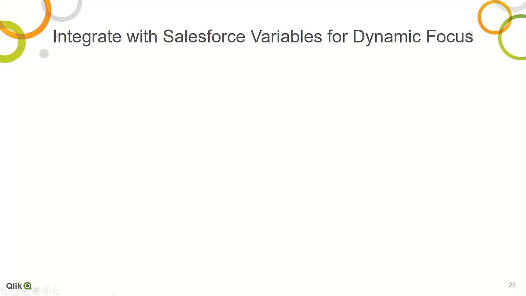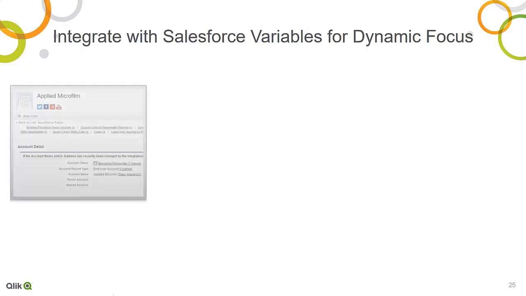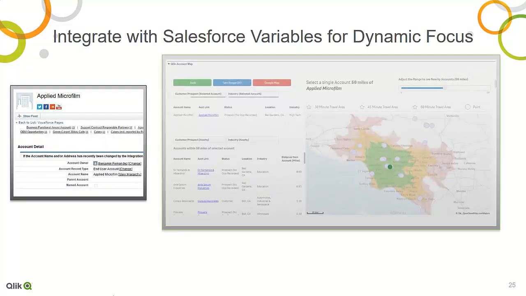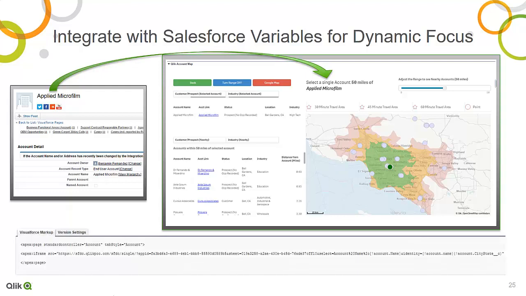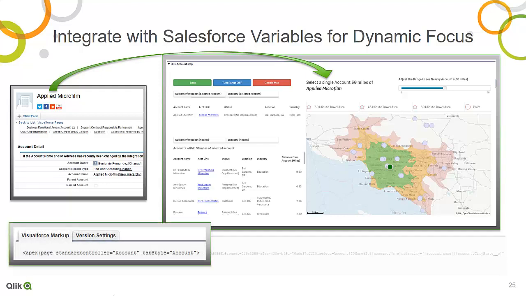The single API also makes it easy to dynamically select parameters within a Qlik Sense app based on where the user currently is inside of Salesforce. In this example, we've embedded a Qlik Sense sheet with GeoAnalytics into the account layout. Whenever a user navigates to an account, the account is then inserted into the single API URL to select that value in the account name field in the Qlik Sense application.